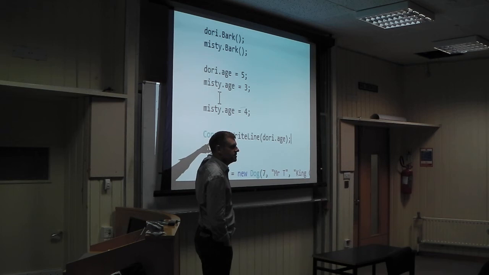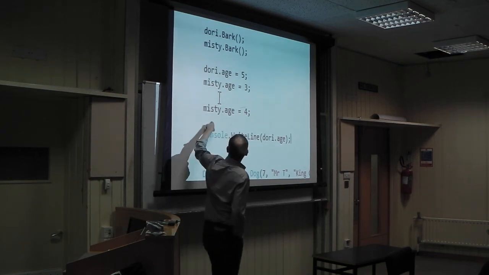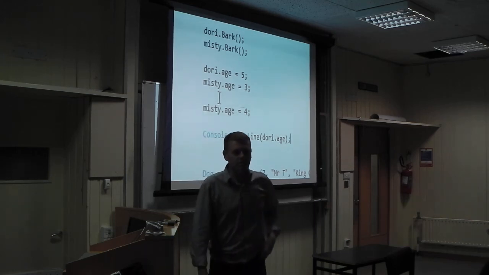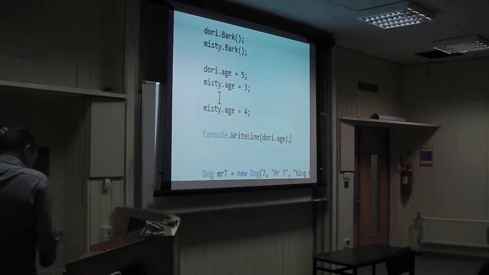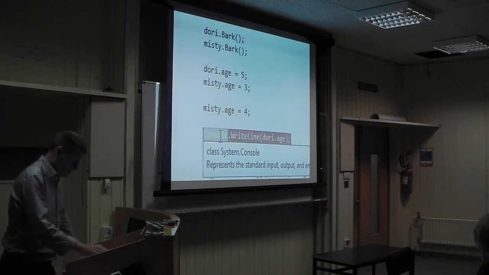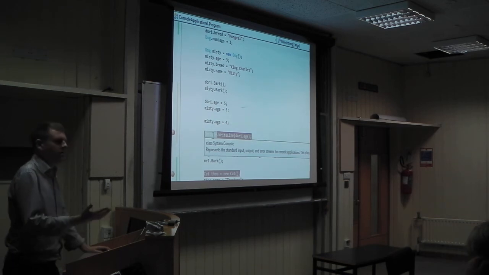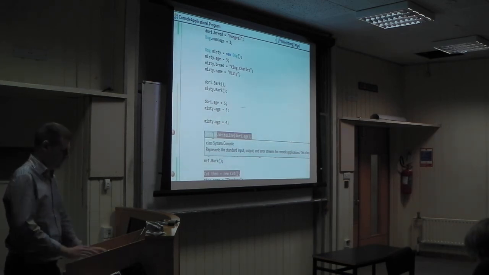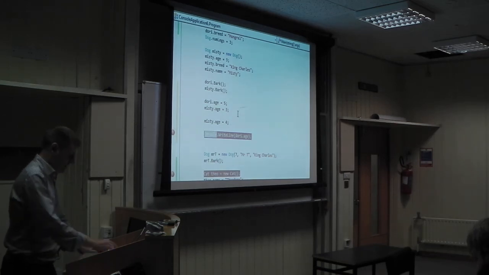When I print out Dory's age, it's going to print out 5. Is everybody following this? Great. Let's set a breakpoint and see what happens. F9, set my breakpoint. I'm not expecting any surprises here. We're expecting it to print out 5.